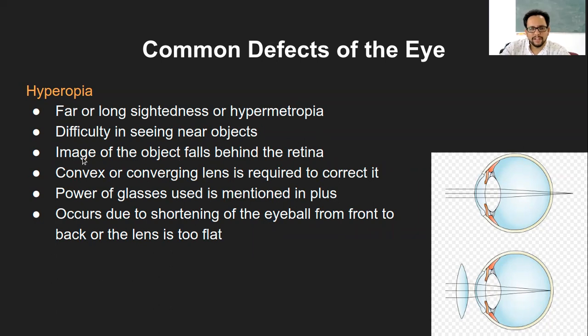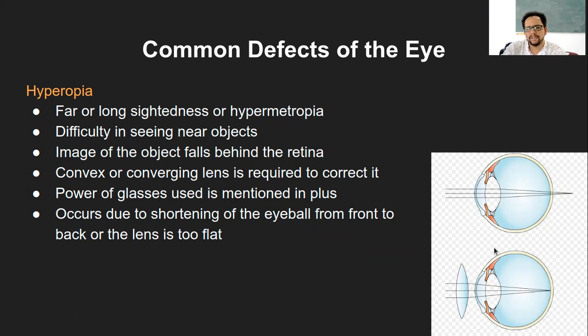In this case, the image of the object falls behind the retina. That means the focal point is beyond the retinal layer. This is not literal, because it cannot cross the layers of the sclera, but the imaginary focal point will be beyond the retina. So a convex or converging lens is required to correct it.